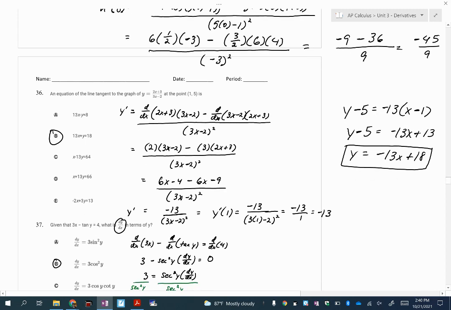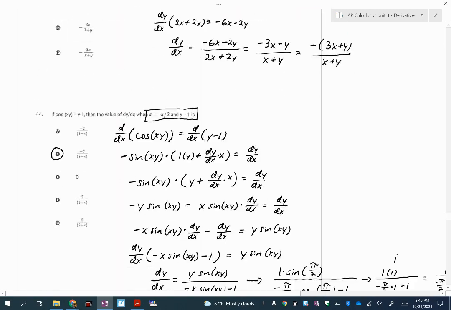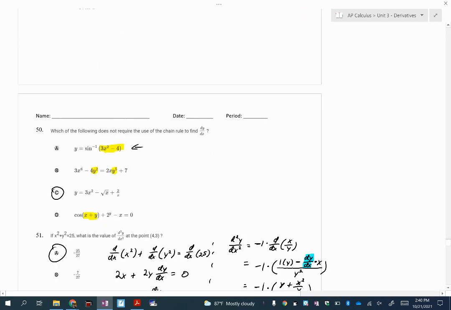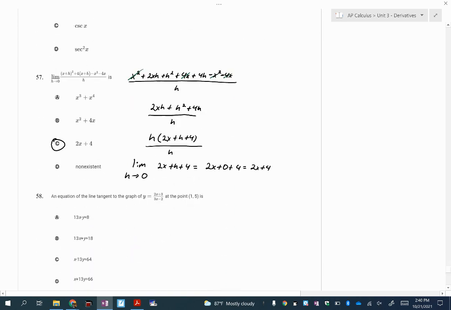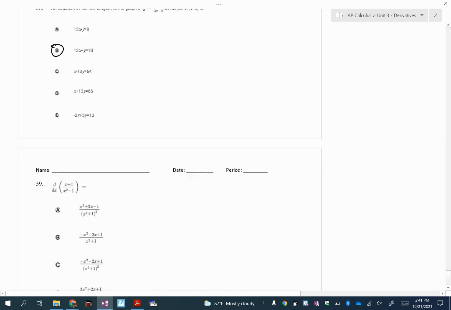Yep, right here, number 36. So 36, 2x plus 3 over 3x minus 2. Let me make sure it's the same. 2x plus 3 over 3x minus 2. And it is the same. So if you need to do this one, I believe it was 36, and it's B, so you can always watch part 2 again for number 58.